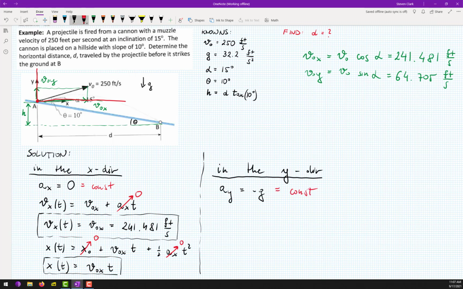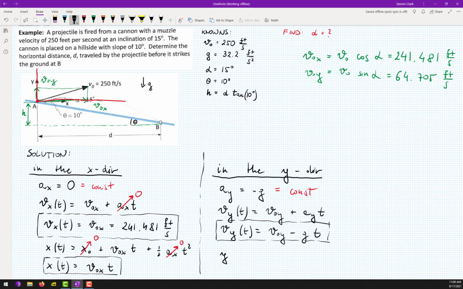So again, we can use our formulas for velocity. This is our expression for velocity.